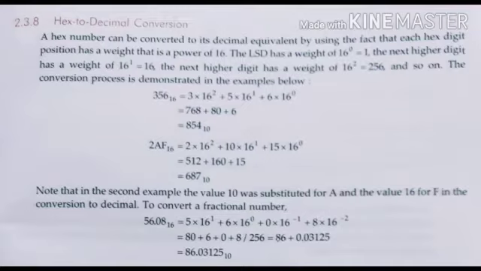If we take the example 356, then 6 has place value 0, 5 has place value 1, and 3 has place value 2. So overall our equation will be 3 into 16 raised to the power 2, plus 5 into 16 raised to the power 1, plus 6 into 16 raised to the power 0, and its solution will be the decimal equivalent of the hexadecimal value 356.